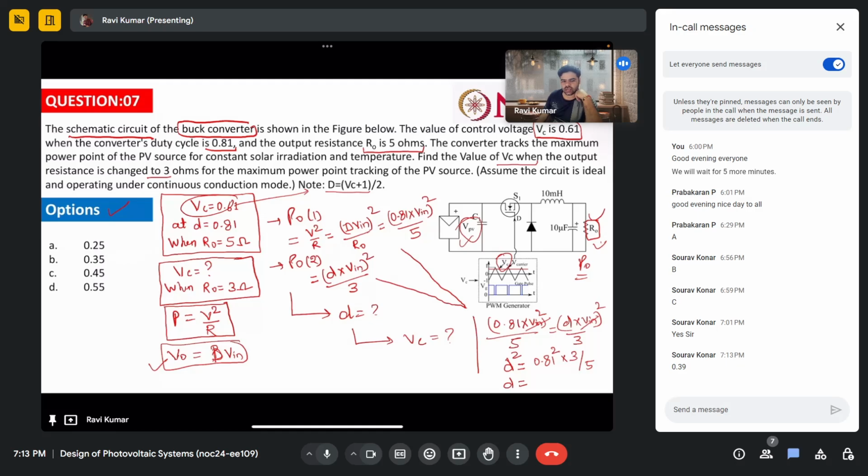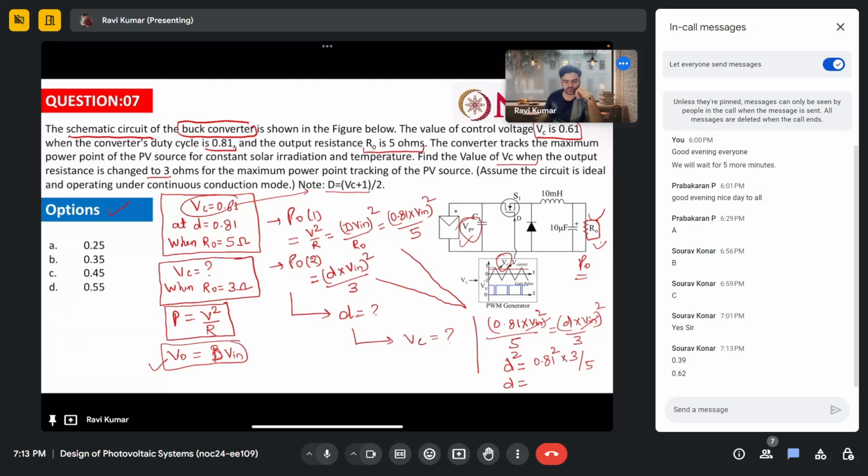So now this is D square. You need to find out the D. Yes, exactly. If I am talking about this, it is 0.627. This is the value of D.